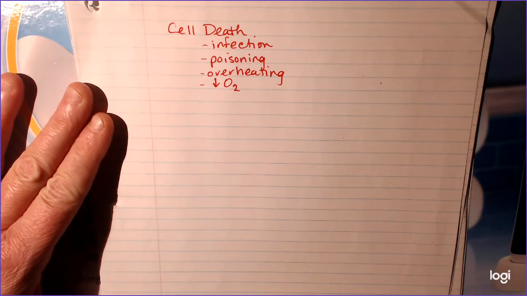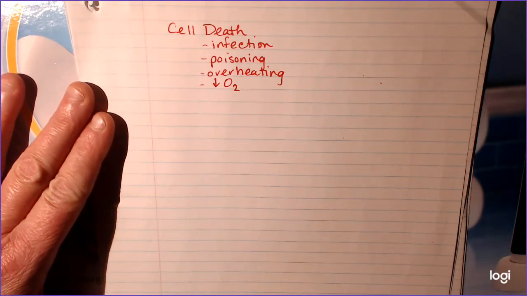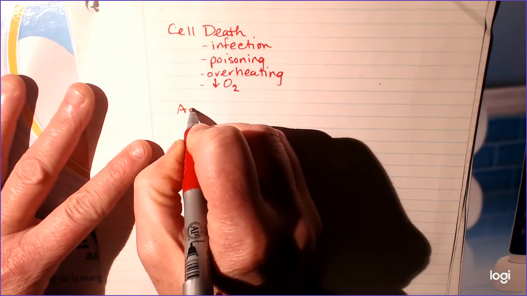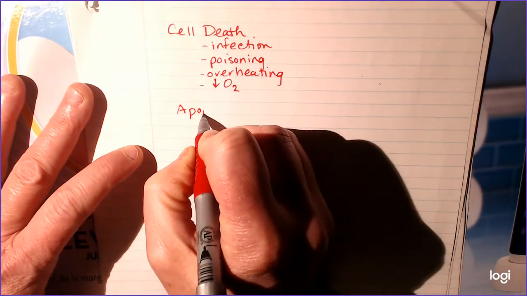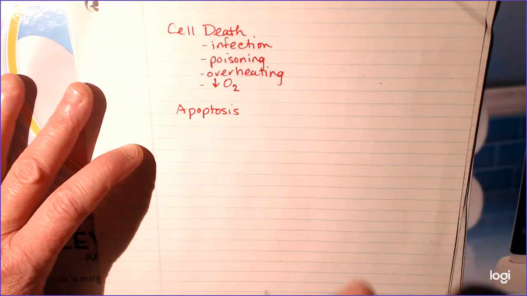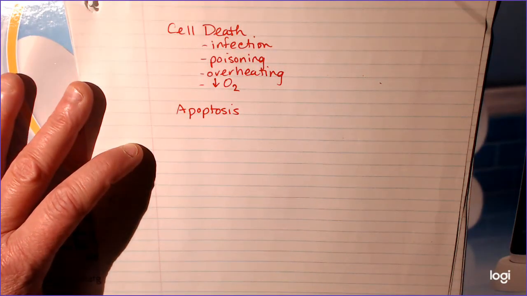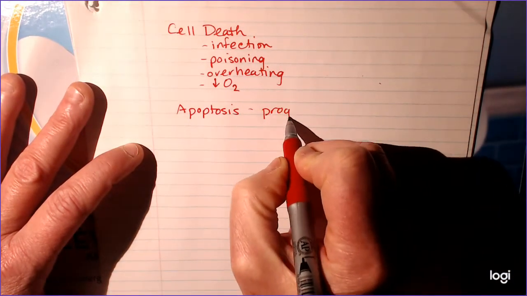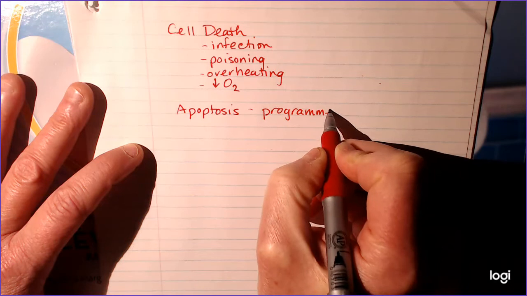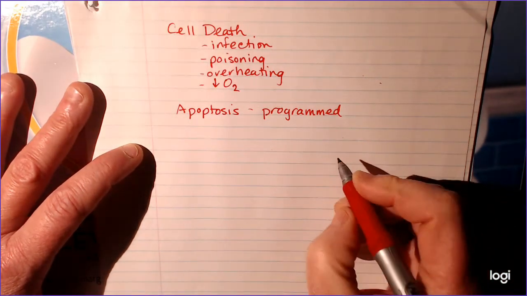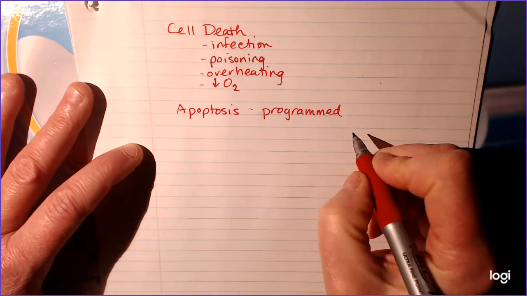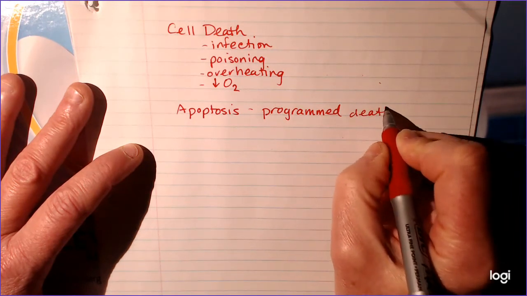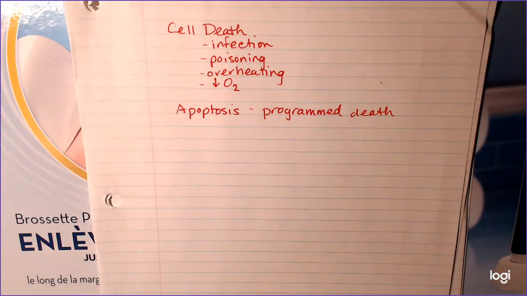Now, one of the other things that happens with cells is this thing called apoptosis. And this is a programmed death. So cells have a limited lifespan. There's a difference between these two things.